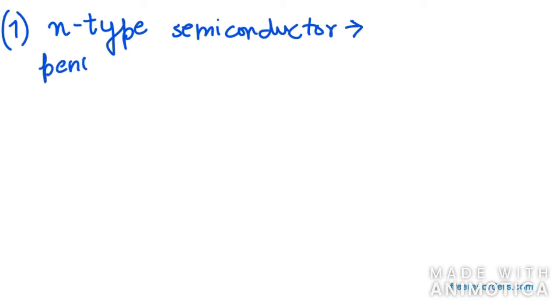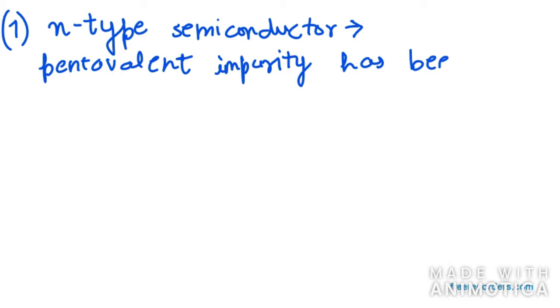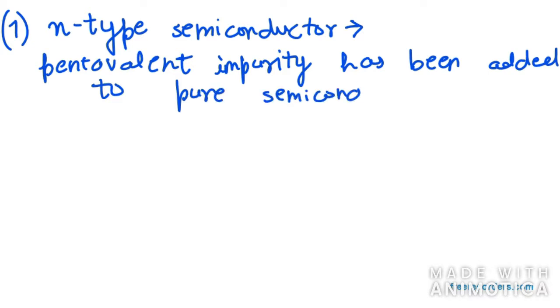So a pentavalent impurity has been added to a pure semiconductor. Now, when we talk about pentavalent impurity, that means we would be adding an element which has 5 valence electrons.